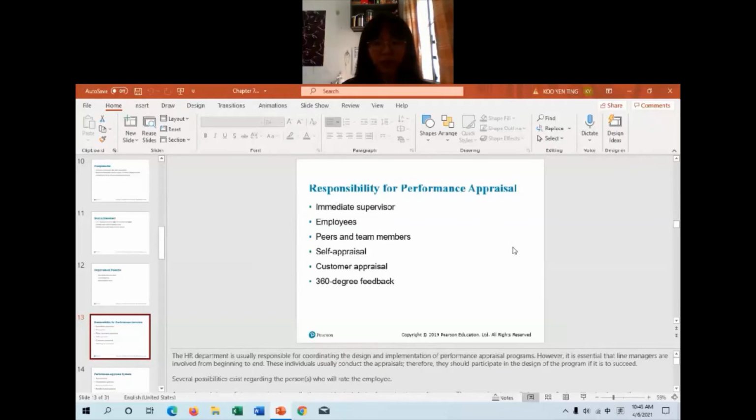We also have self-appraisal, customer appraisal, and 360-degree feedback. The goal of feedback is to describe desired behavior and expectations, and to keep a record of self-performance achievement.